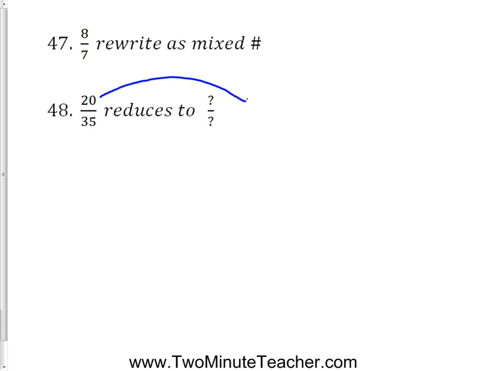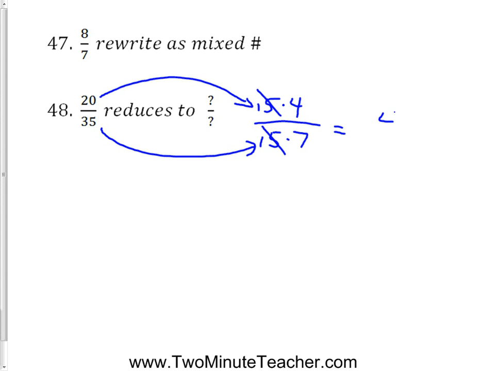The 20 could be written as 5 times 4, and the 35 could be written as 5 times 7. And why did I do it that way? Because then I can see that my 5's can cancel, because 5 divided by 5 is really 1. So I can change this to 1 over 1, and that means the answer would be 1 times 4 is 4, over 1 times 7 is 7.